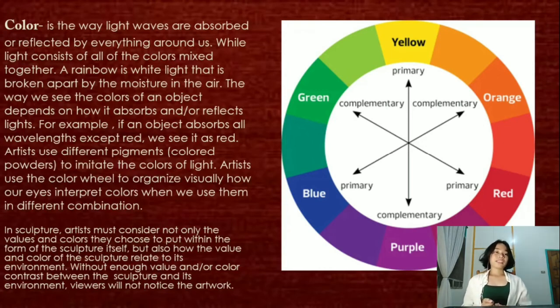So, in sculpture, artists must consider not only the values in colors they choose to put within the form of sculpture itself, but also how the value and color of sculpture relate to its environment. Without enough value or a color contrast between sculpture and its environment, viewers will not notice the artwork. So, diri is ang mga artists daw gina-consider po dili lang kay gina-consider nila ang values and colors kung unsay ibutang nila para ma-form ang ilahang sculpture.